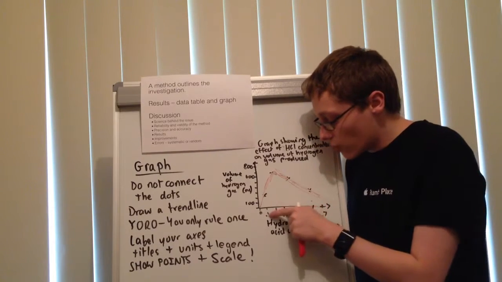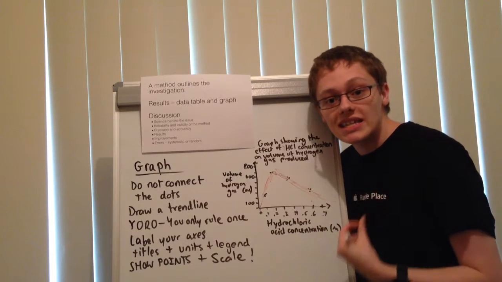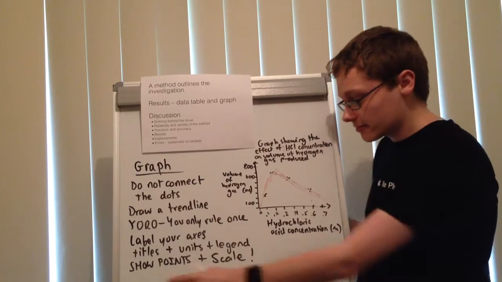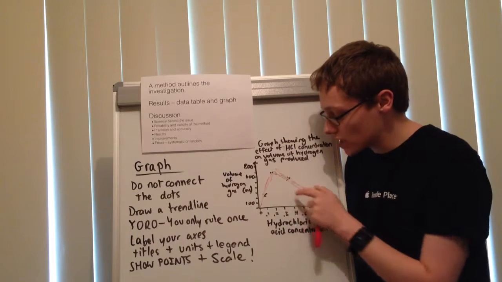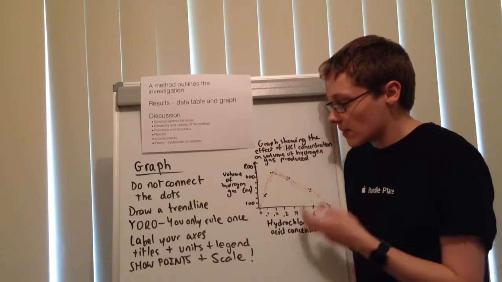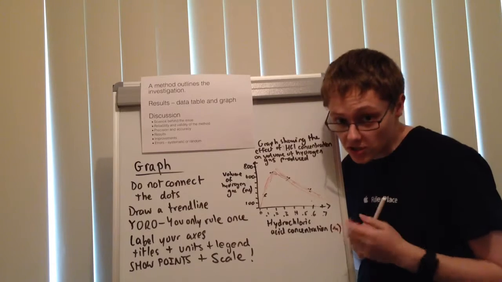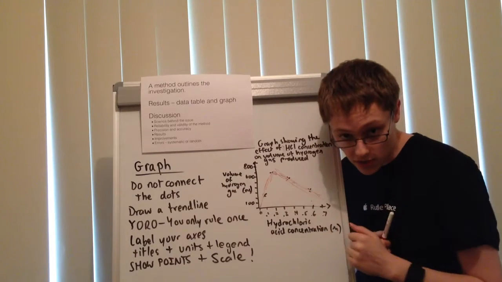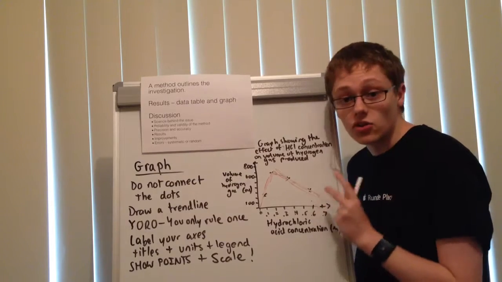I'm not just going 0.1, 0.5, or whatever I just happened to test it. You need the scale. And show your points on the graph. It's very important that you show your original data points and then you rule a smooth curve through them. And those are the key tips for drawing a graph. There are other things as well. Sometimes you might need a legend because you might have multiple curves on the graph. But those are the key things when creating a graph.